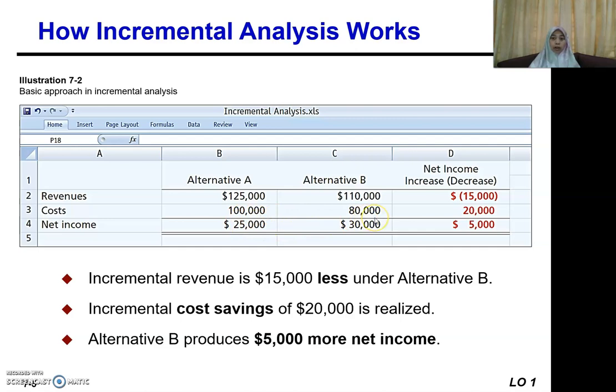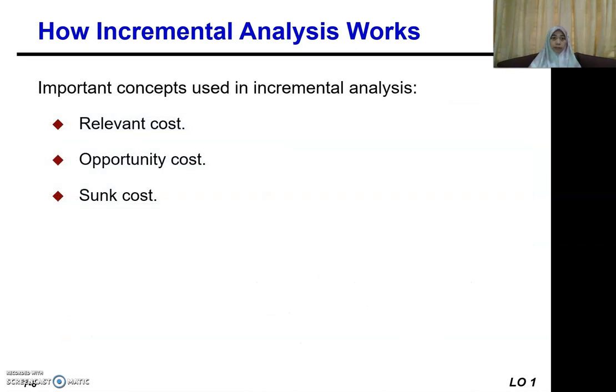So you will have a cost savings of 20,000 because alternative B gives you a lower cost. And alternative B will produce 5,000 more net income compared to alternative A. Right, so this is an example of how you do the incremental analysis. You look at the increment, the difference between the two alternatives that you have.